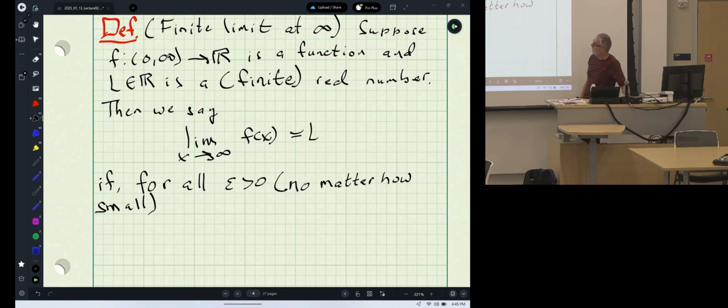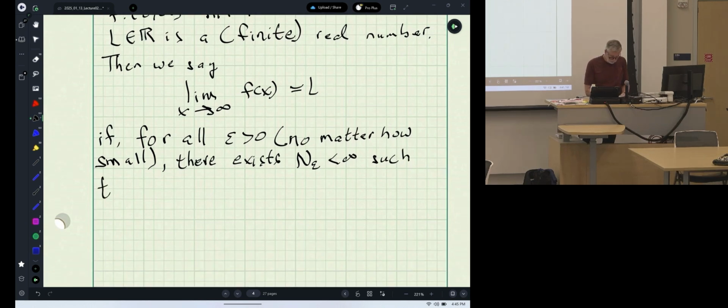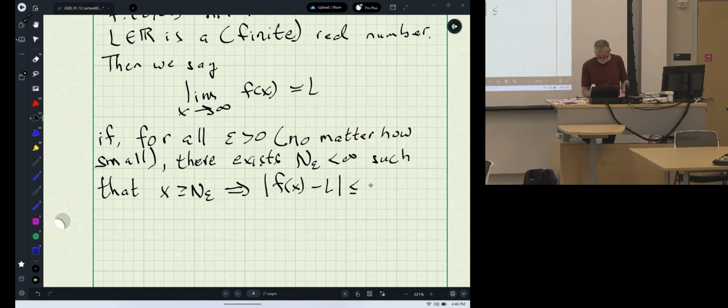So no matter how precise you set the level of precision, there exists an n sub epsilon finite such that x greater than or equal to that value implies the absolute value of the function minus the candidate limit is upper bounded by our given level of precision.